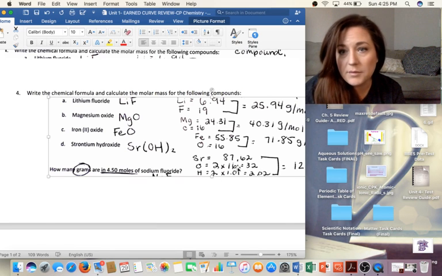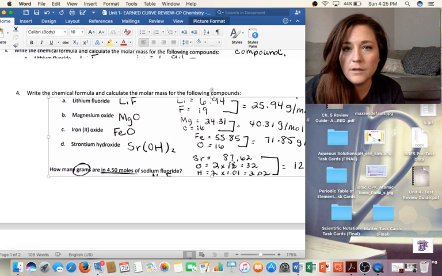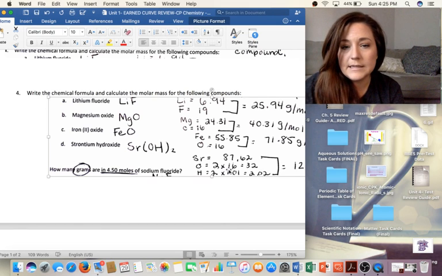Still, I look at my periodic table, I see that oxygen has a 16 AMU. Again, if you don't remember what AMU stands for, atomic mass unit. So 16 times 2 is 32. 1.01 times 2 is 2.02.